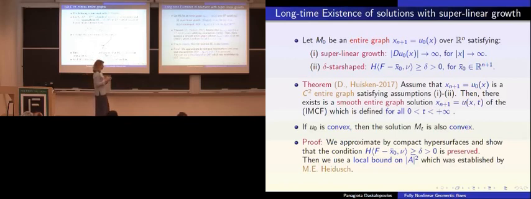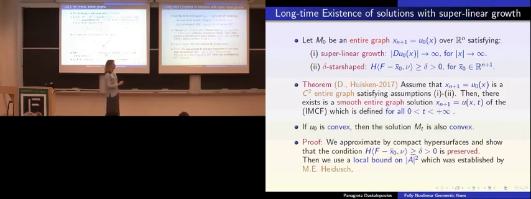Now, this is not a difficult result to prove. So how do we construct the solution? We approximate by compact surfaces. We go very far at infinity, we cap it, we smoothen, and we approximate, and then we show that the star-shapedness condition is preserved.